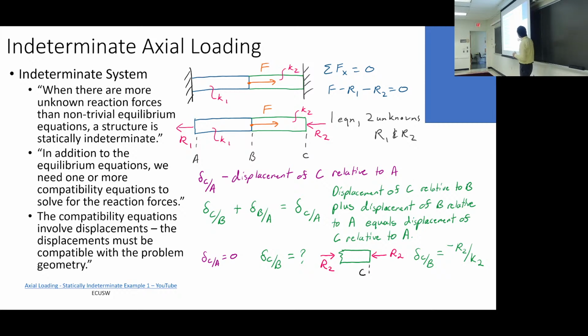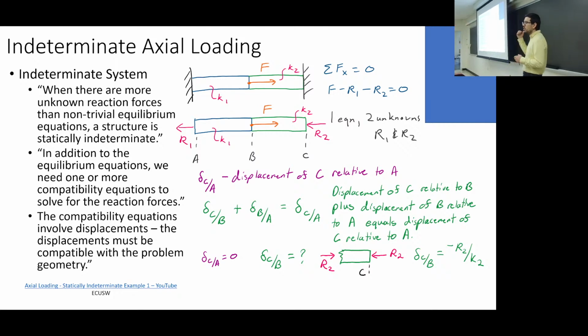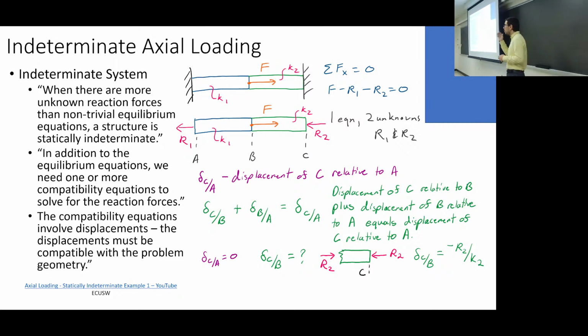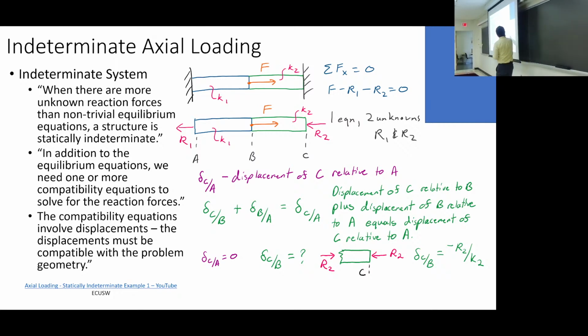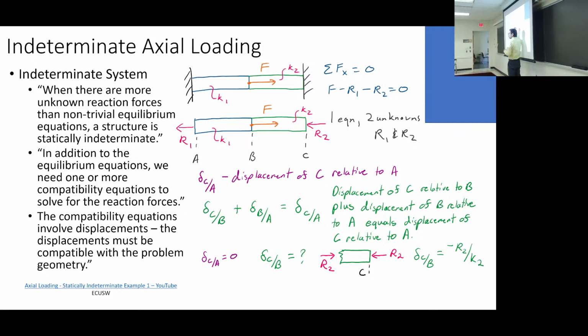And the way R2 has been drawn here, we're saying this is in compression. That makes sense. You could have drawn R2 going the other direction, but I've got a force going to the right, so it makes sense that I'm going to put this green region in compression, and this region is going to be in tension.